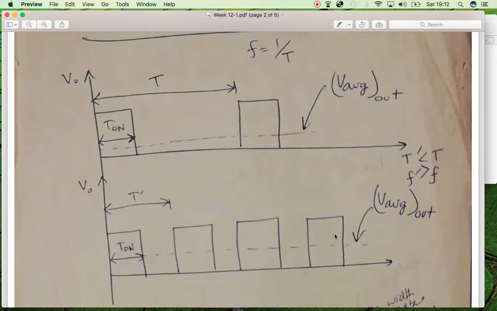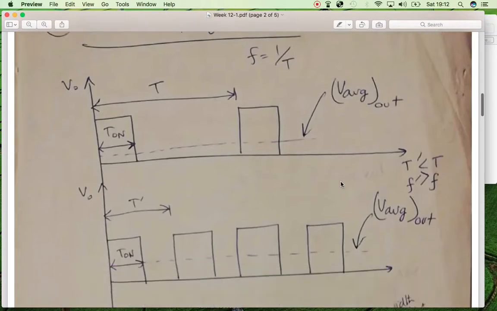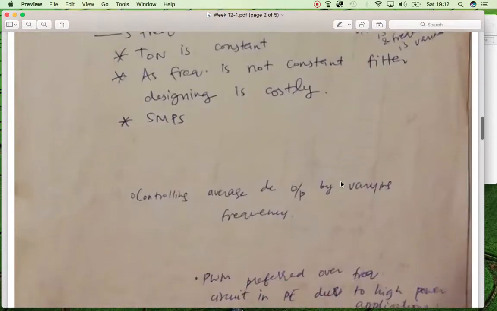So when the switch is switching slowly, the average output voltage is small, and when it is switching fast, the average output voltage is higher. So in that way, by varying the frequency of the switch between the supply voltage and the load, we are able to control the average output voltage appearing across the load.